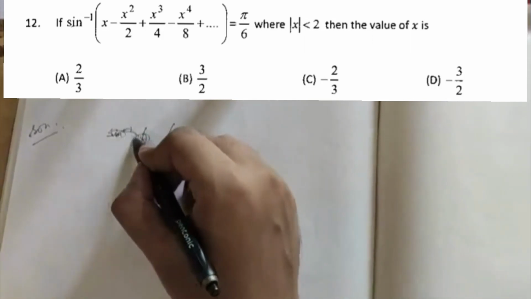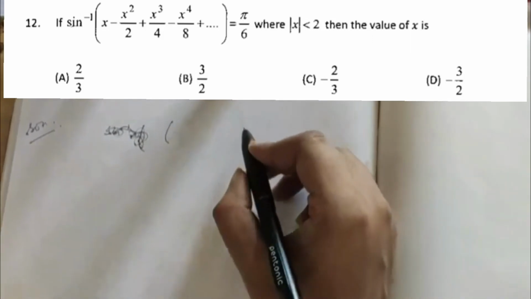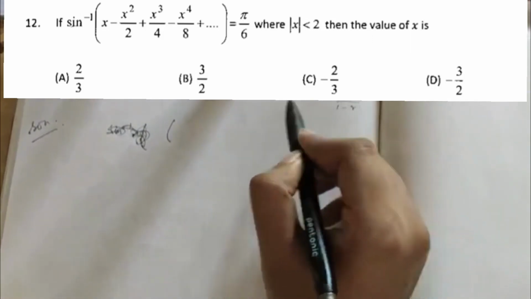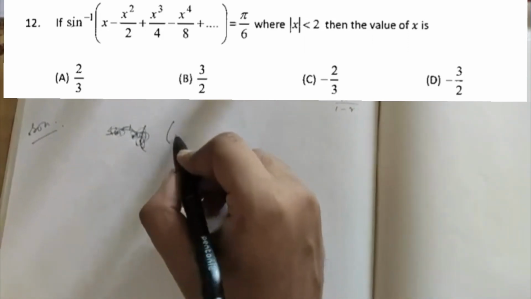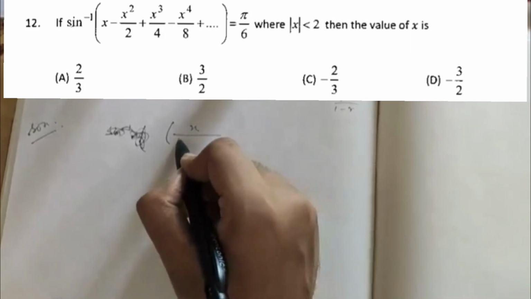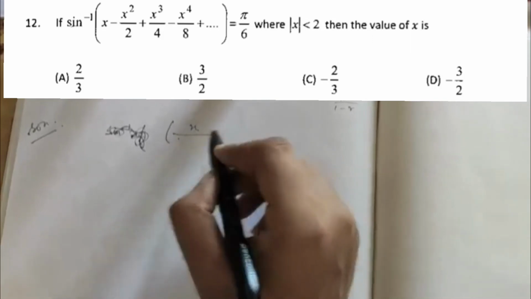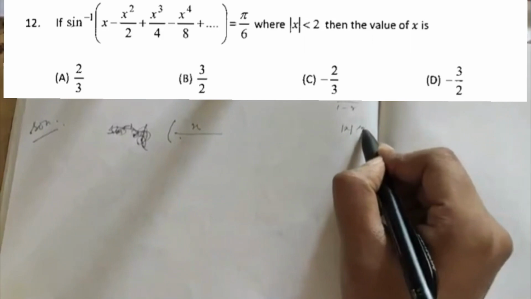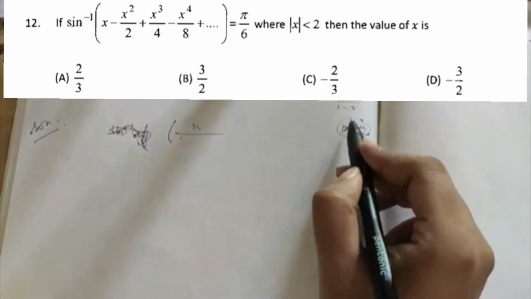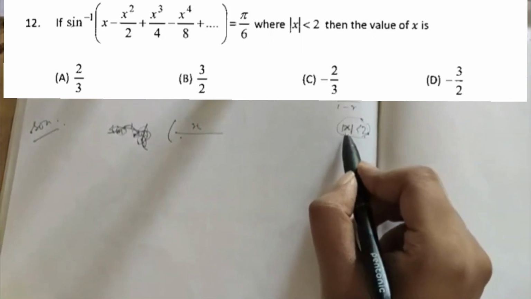So what is the formula for the sum of an infinite GP series? That is a by 1 minus r, where r is the common ratio. Here the common ratio is minus x by 2 and the first term is x. It is given that mod of x is less than 2.